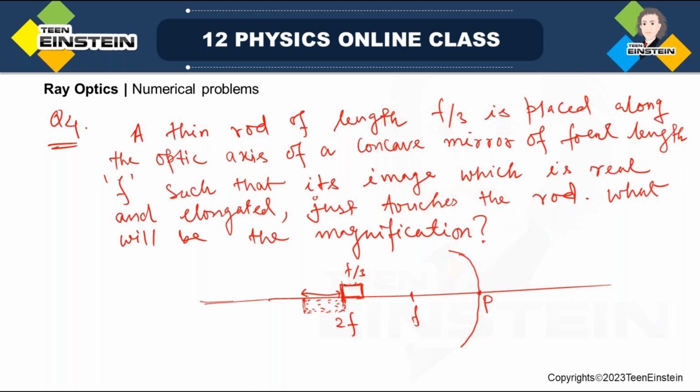Okay, this is what the question is. I hope you have understood this. So why I have taken this rear end at this particular position: because the image will start from here. If I would have kept it like this, then the image would have had its end somewhere else.